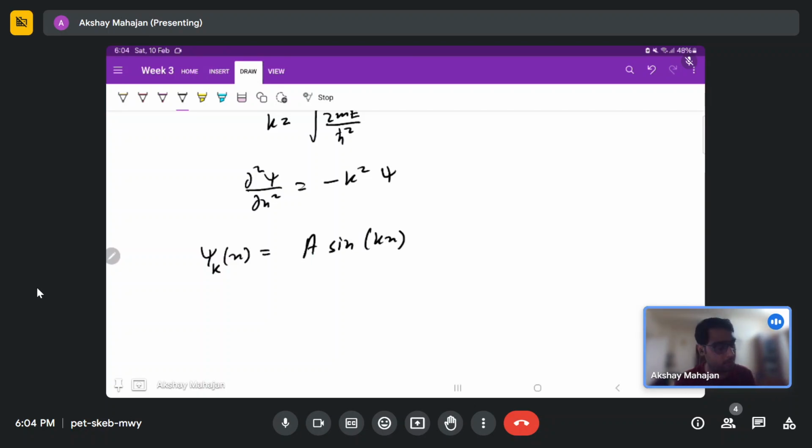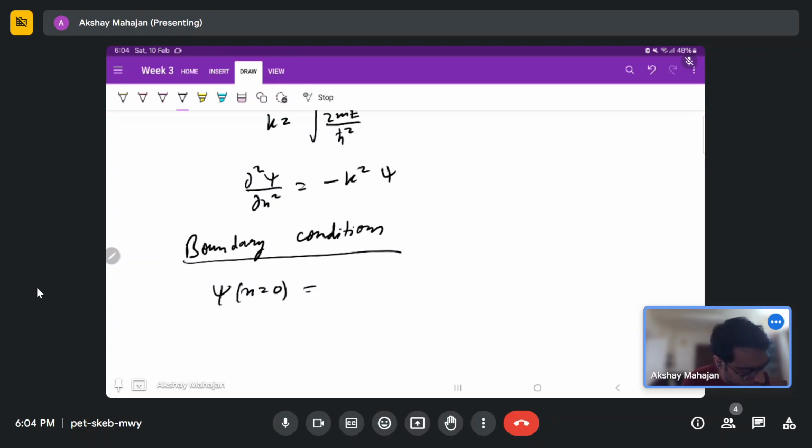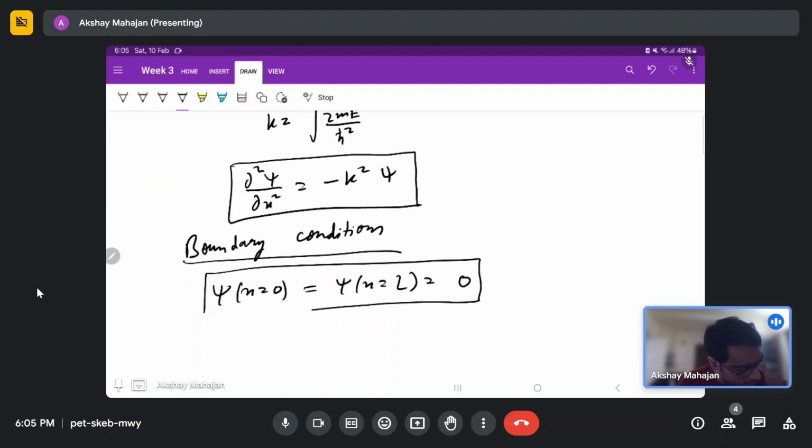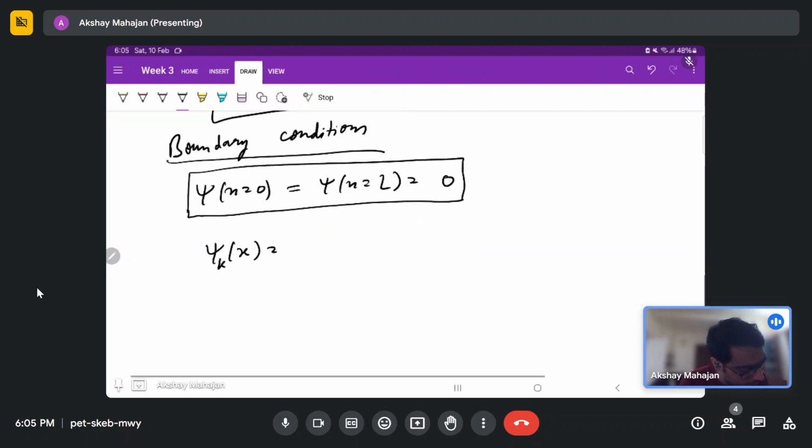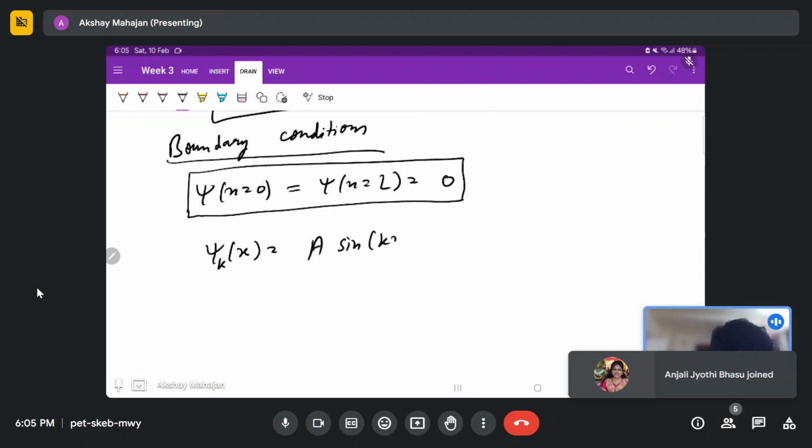From here I can take psi of x, which I will call psi k of x, equals A sin kx, because of the boundary conditions. Let me write the boundary conditions: psi at x equals 0 equals psi at x equals L equals 0. Looking at this Schrodinger equation and the boundary conditions, our wave function also depends on k, and I can write it as A sin kx.